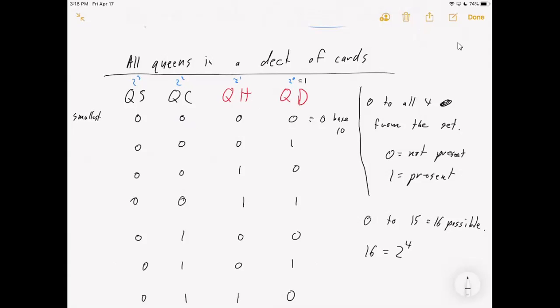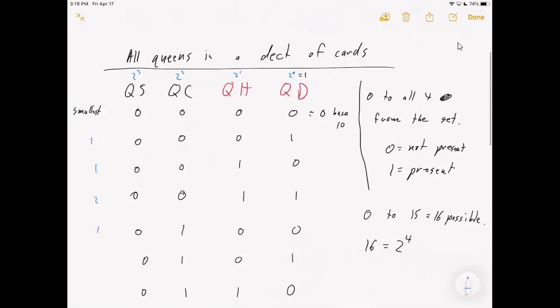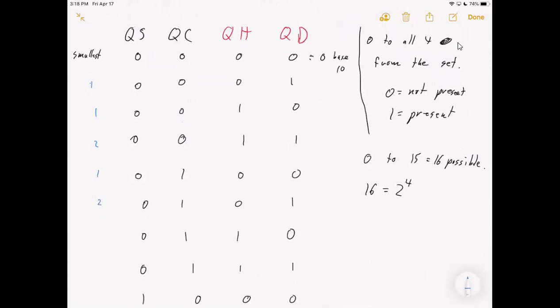Okay, so notice some of these subsets have 1 thing, some of them have 2. So if I look at the number of things in each subset, the smallest has 0 things in it. This had 1, 1, 2. That's back to 1 element in the subset. This had 2 elements in the subset, 2.